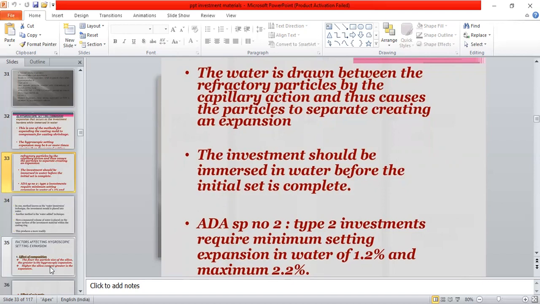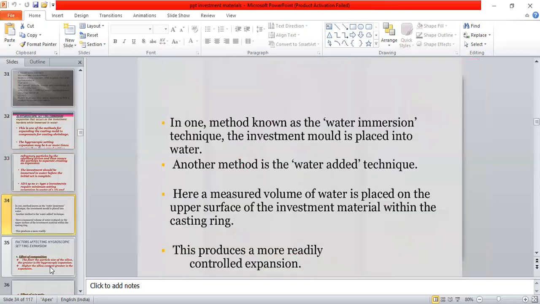In normal setting expansion, it ranges between 0.05% to 0.4%, whereas in hygroscopic setting expansion, it ranges between 1.2 to 2.2%.